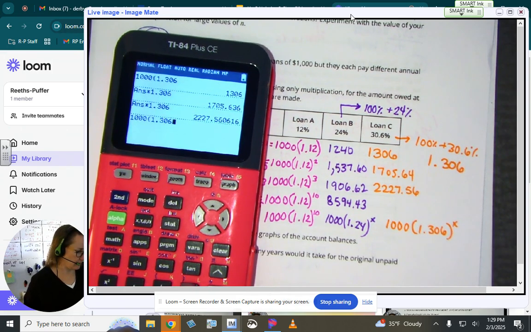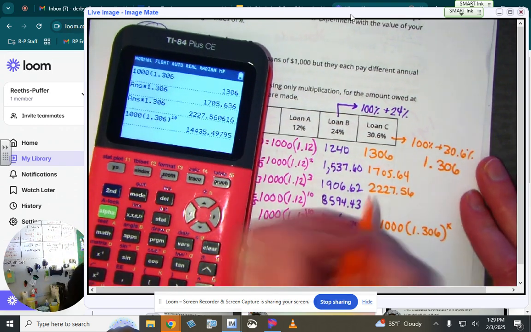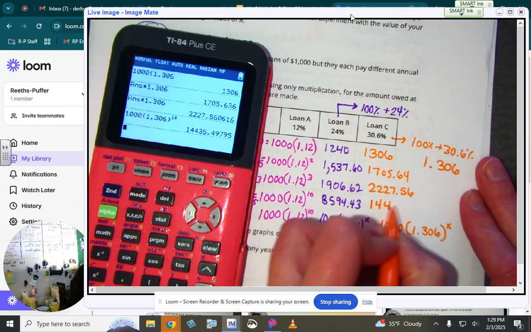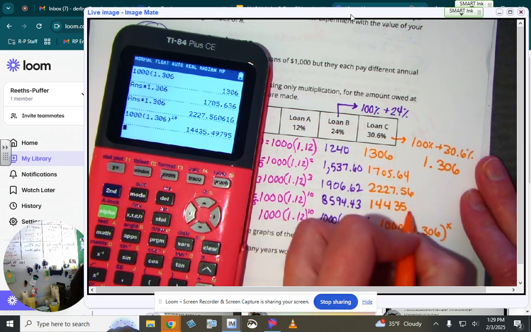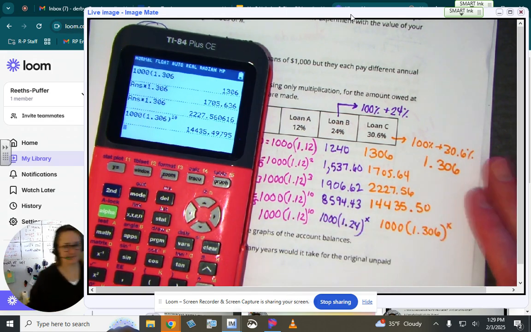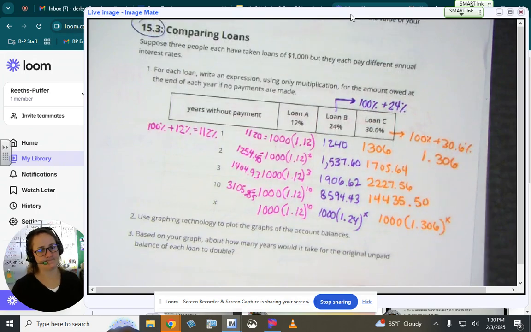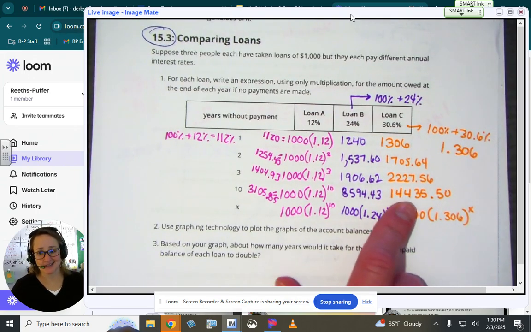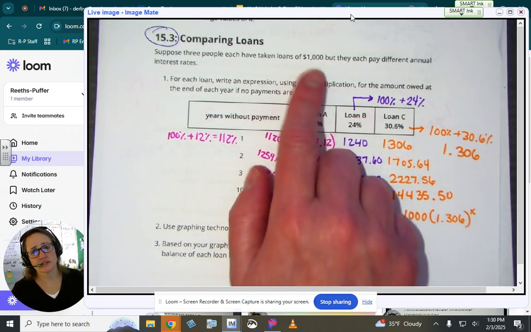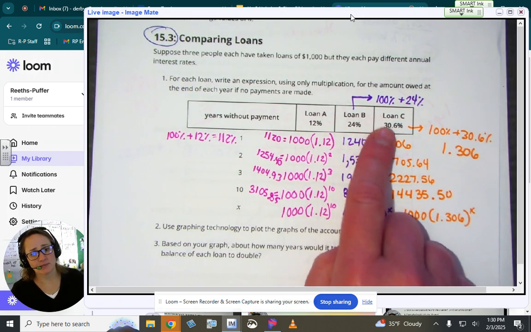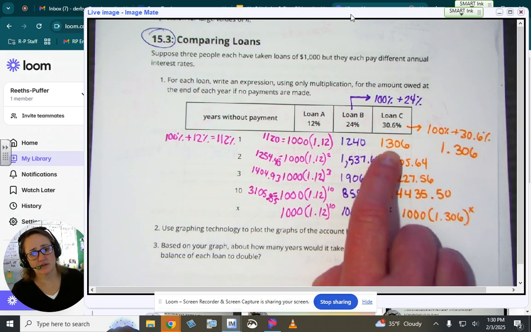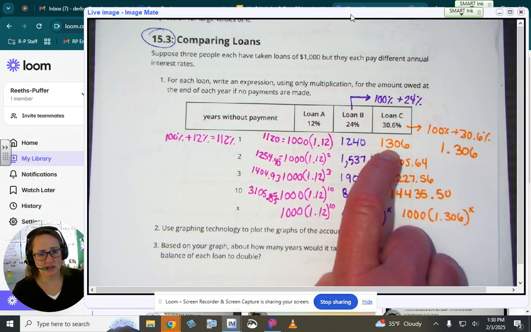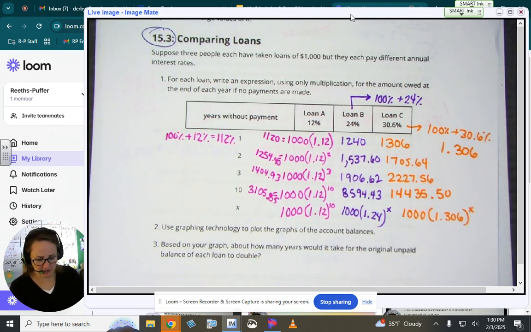This poor person who is stuck with this 30% loan for 10 years, $14,435.50. Friends, this is how people rip you off, okay? You should never, ever, ever take a $1,000 loan and have to pay back 30% interest because look, even in the first year, if it takes you 1 year to pay off $1,000, you're paying an extra $300 just to borrow money from somebody.